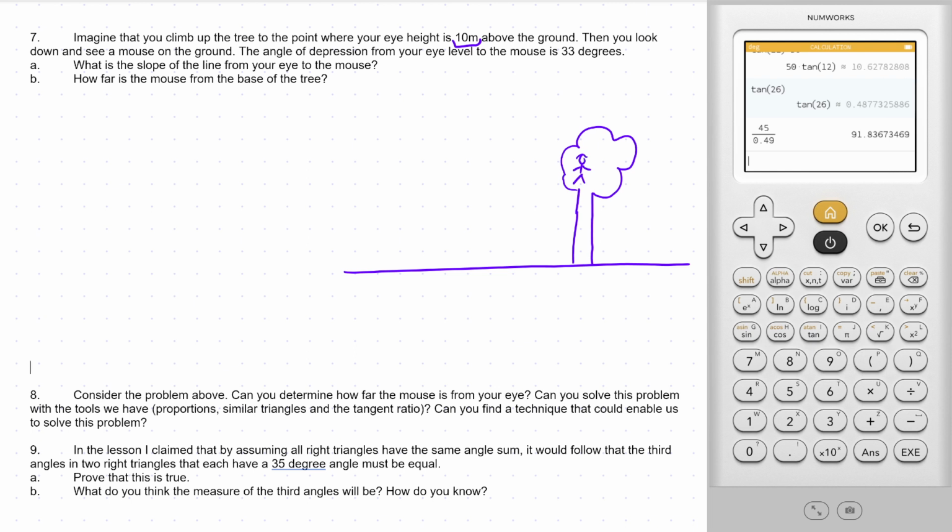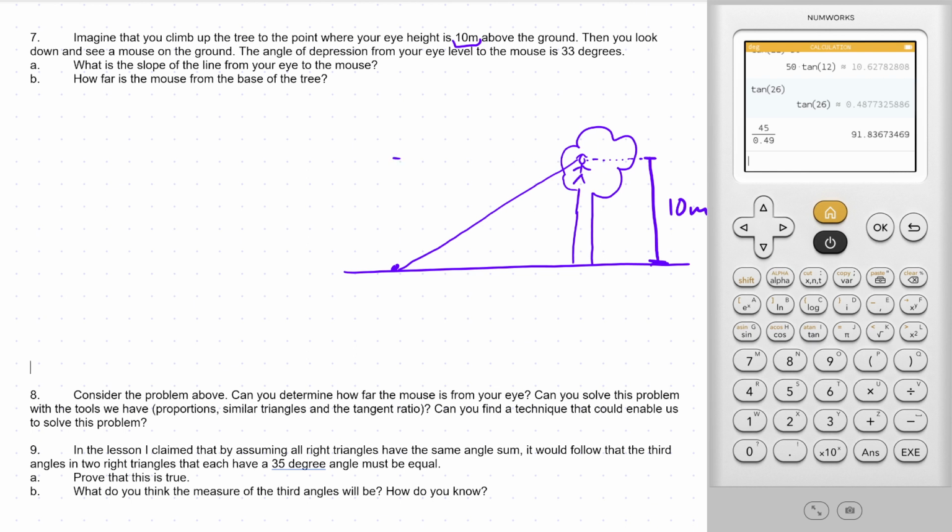And from this tree, your eye height is 10 meters above the ground. Okay. You look down and you see a mouse on the ground. So from eye height, here's a little mouse right there on the ground. And the angle of depression from your eye level to the mouse is 33 degrees.